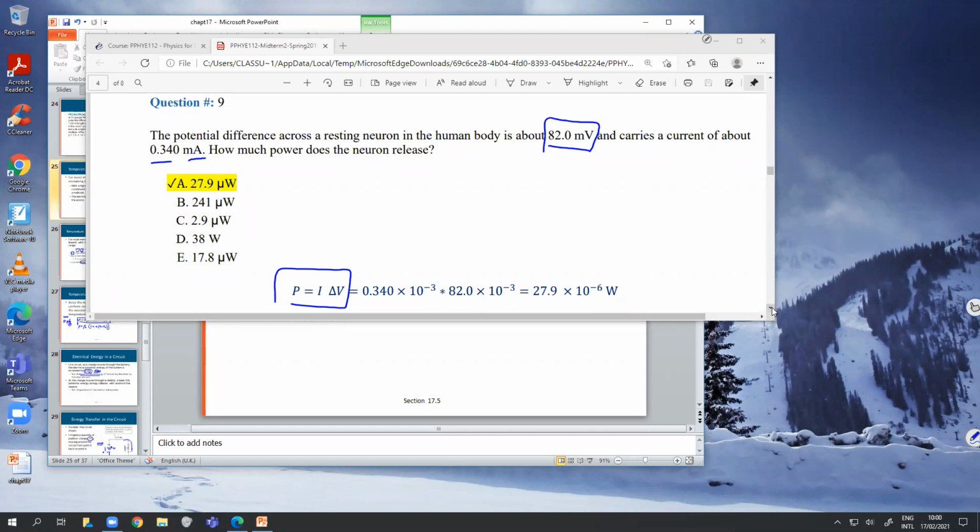Okay, but sometimes, by substituting Ohm's law, we can also see it is equal to I squared over R, which eliminates the potential.